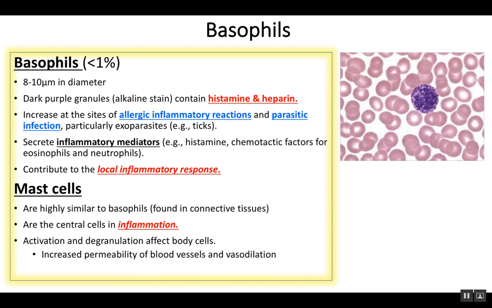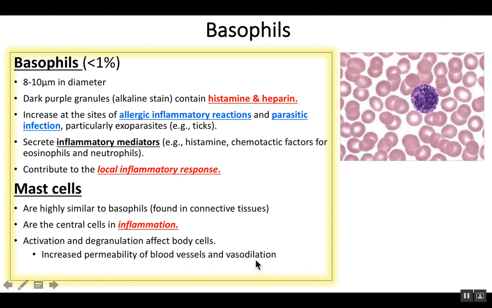This histamine does two major functions in a tissue. It increases the permeability of blood vessels. That means things can get out of the bloodstream better if the blood vessel is more permeable. Those things include cells, like neutrophils, like macrophages, but also things such as antibodies that might help fight an infection.